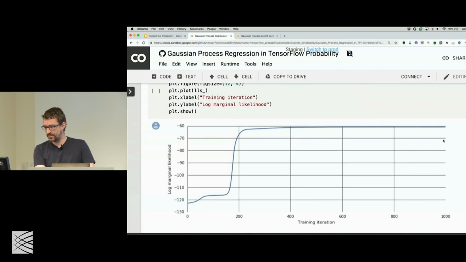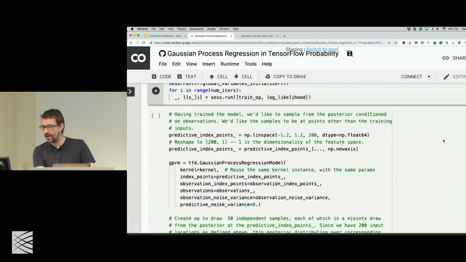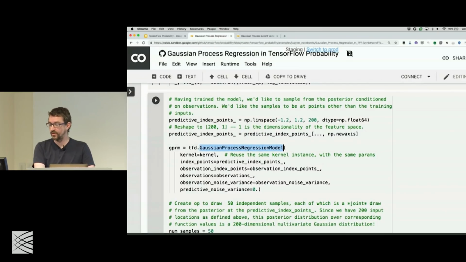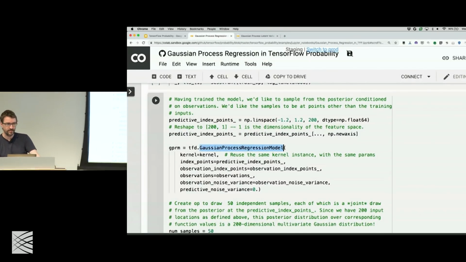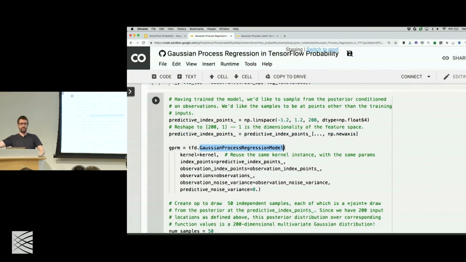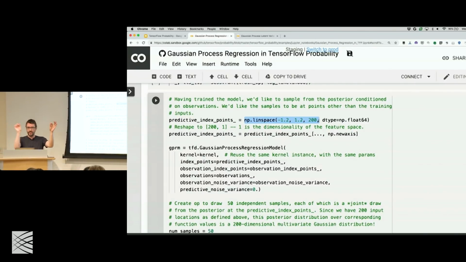Cool, so this was the result of training, and then the other thing we're going to do after that is build the posterior. So this is the GP regression, where we regress some new points against the data we have previously observed. Now I'm going to provide some predictive index points, and here I'm going to fill a whole strip of the real line with a bunch of evenly spaced points.